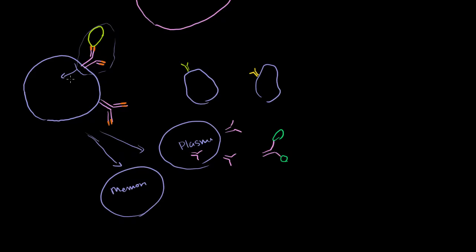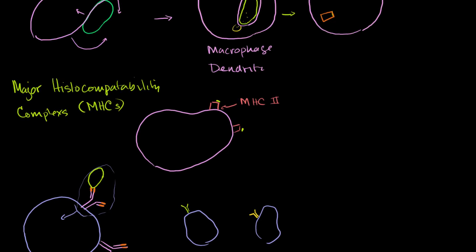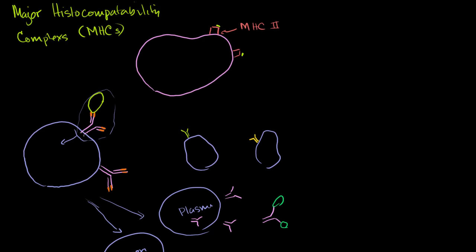But the interesting thing is that the B cell will also do what the phagocytes do. The B cell will also take this guy into the cell, maybe initially attached to the antibody, and break him up, take pieces of this pathogen and attach them to MHC II proteins, and then present them on the surface.